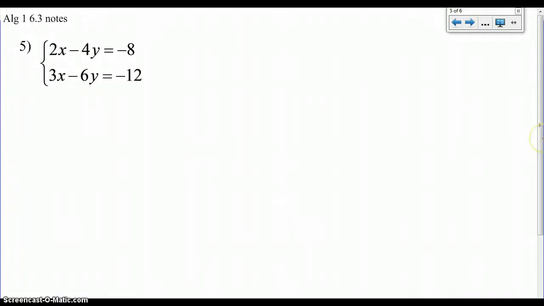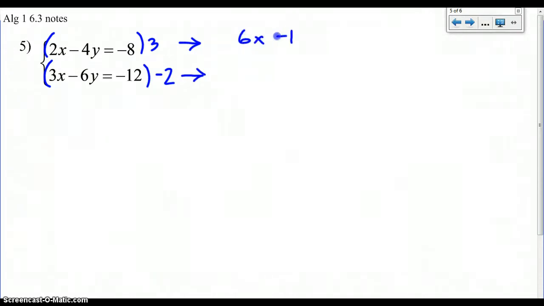Okay, let's take a look at number 5. Cruising right along here. It looks to me like we're going to have to do 2 steps of multiplication here. So I'm going to multiply the first equation by 3 and the second by negative 2. By doing this, I'll be able to get rid of my x values.